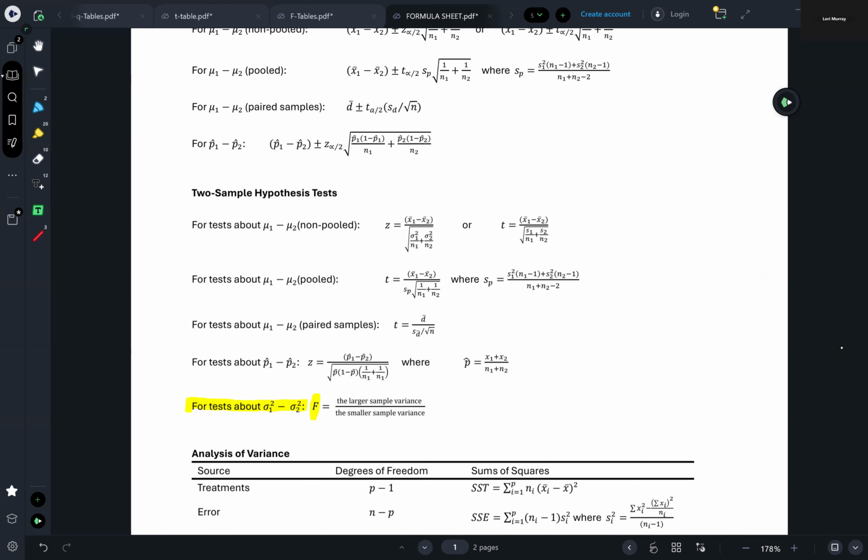And we get the degrees of freedom in that order too. The numerator would correspond to the larger sample variance: the size of the larger sample variance population, subtract 1, and the denominator would be the smaller sample variance sample size, subtract 1. Right, so we use it for that test.